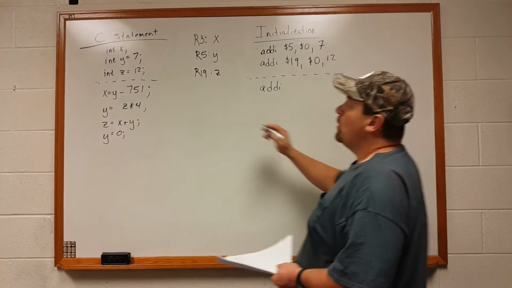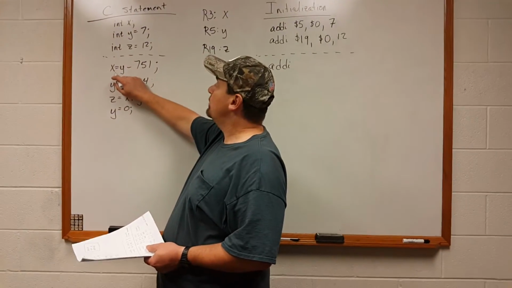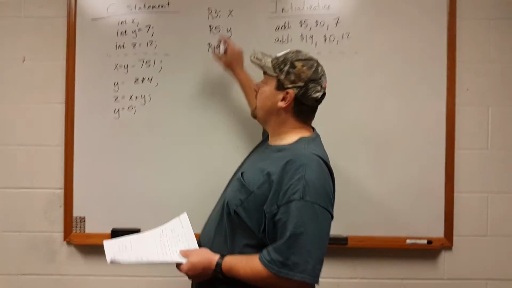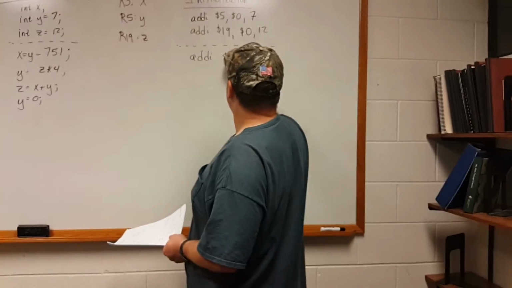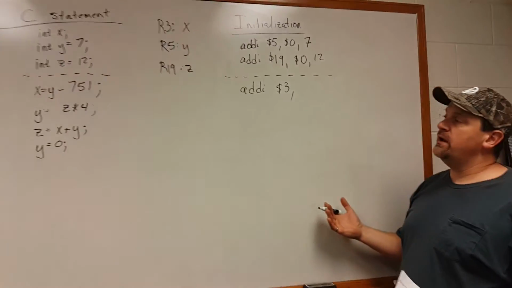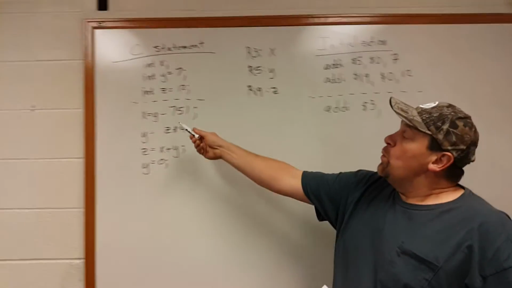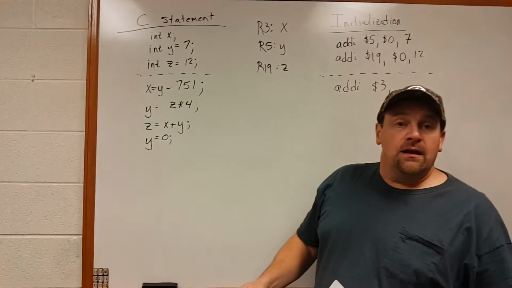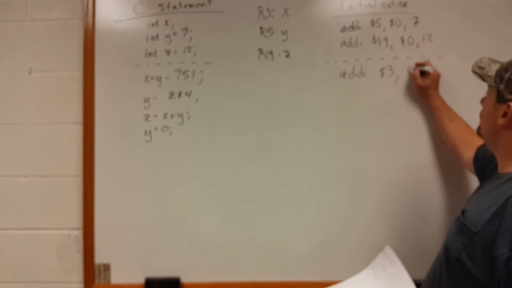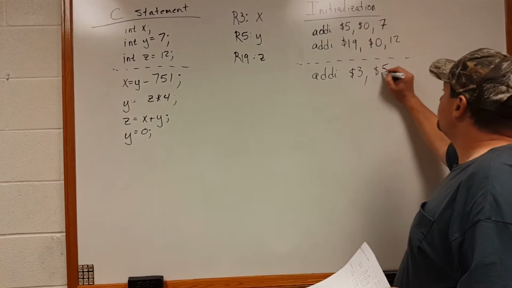Add immediate, where do we want it to go? Into register 3, which is associated with x. So we do R3. Then, do we want to put 0 here? No. We want to use y as the first argument. Y is associated with register 5.